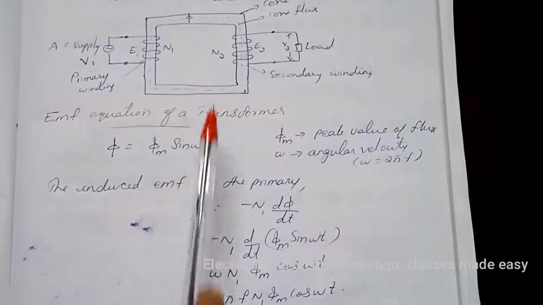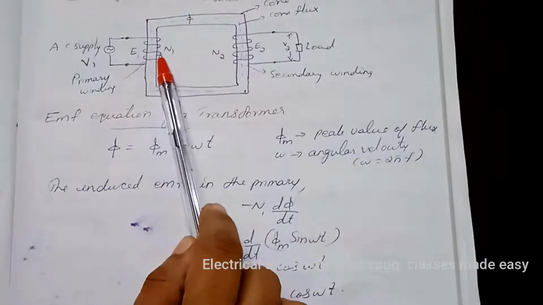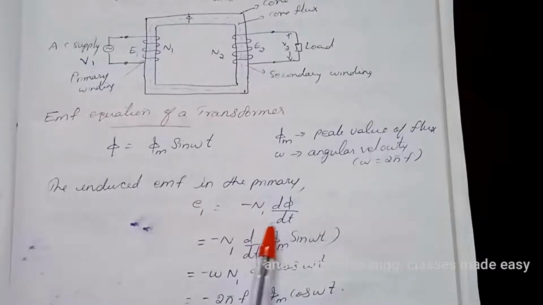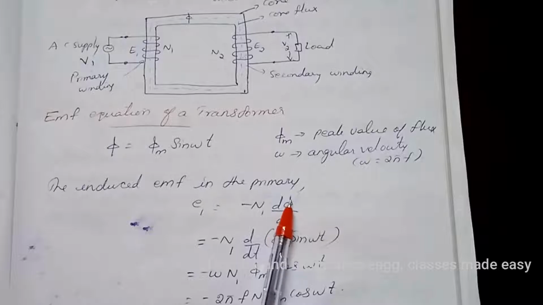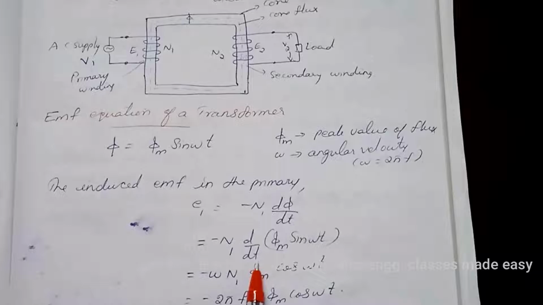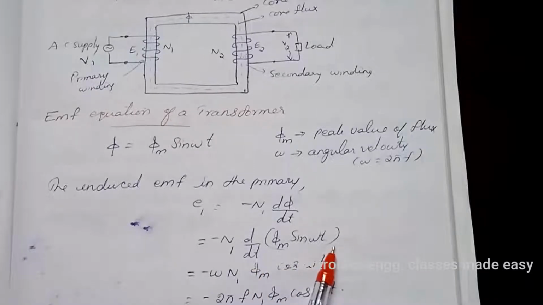Then the induced EMF in the primary, E1, is equal to minus N1 d phi by dt. Put phi equal to phi m sin omega t: minus N1 d by dt of phi m sin omega t.